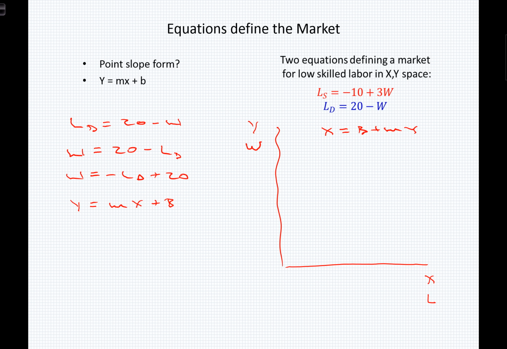And in this case, the m would simply be negative 1. So this is how we can think about this as a point slope form, but remember that we're working off of just the opposite of this. It's kind of an inverse point slope form.